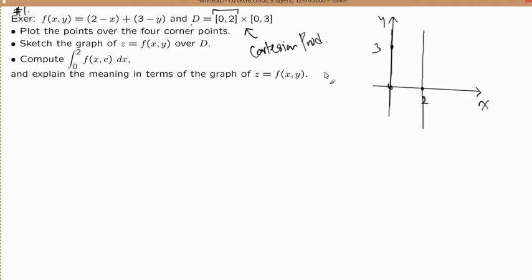For y, you draw horizontal lines, y equals 0 and y equals 3. And they form a rectangular region. So they use this notation conveniently to represent a rectangular region: 0 to 2 times 0 to 3. What is the name of this product? Cartesian product. Okay? So they describe a rectangular region using this Cartesian product notation.